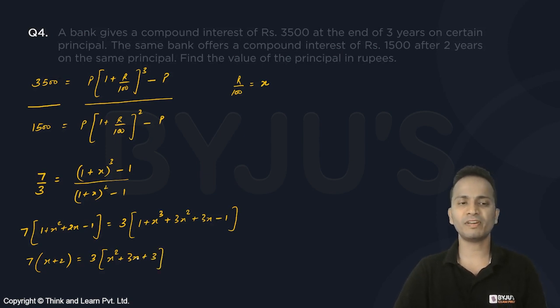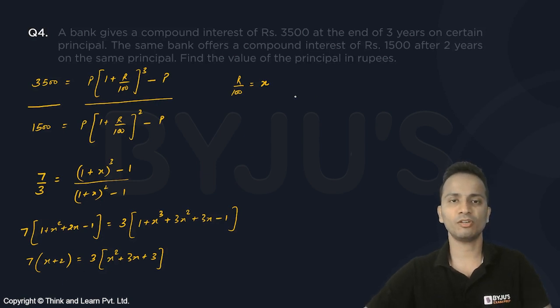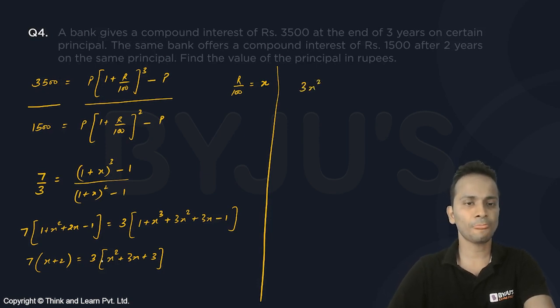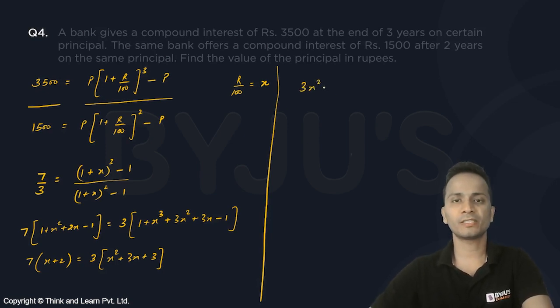Okay. Now simplify this and you will get a quadratic. So I will simplify on the other side. Okay. So 3x square as it is, then 9x minus 7x plus 2x, 9 minus 14 minus 5 equal to 0. So 3x square plus 2x minus 5 equal to 0. Let's split the middle term, 15.